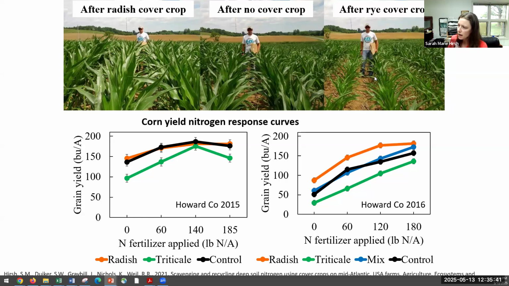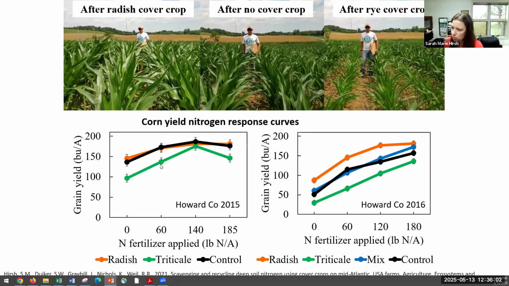So the thing to keep in mind with the winter cereal cover crops is that they have a higher carbon to nitrogen ratio, and they can cause that nitrogen to be immobilized or tied up, like we mentioned in the beginning, where the bacteria will eat that nitrogen and it won't be available to the crops.